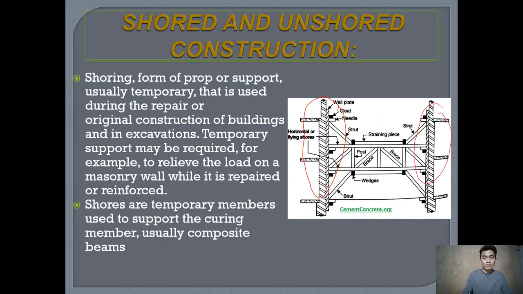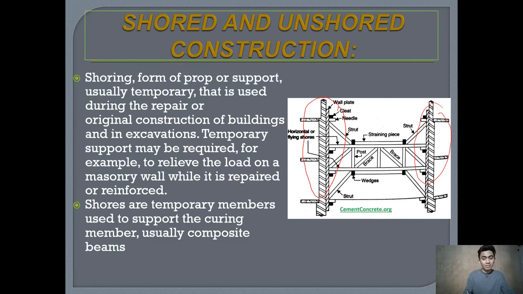undergoing curing. So we have here your struts, braces, posts, which are used now to support these reinforced walls. So what do you call these braces, posts, struts? These are now your horizontal or flying shores, which will then be removed if curing of this reinforced wall is complete.